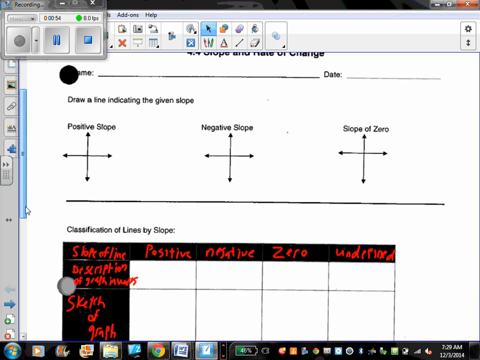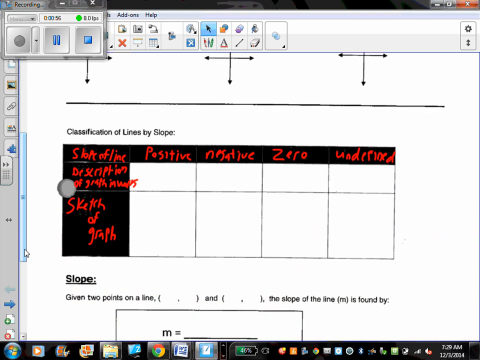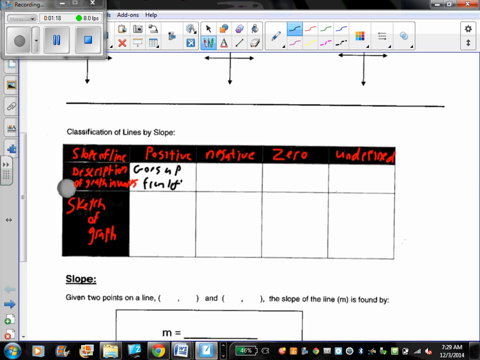Okay. So, how to classify lines by slope. Here we have the descriptions of the different slopes: positive, negative, 0, and undefined. In a positive slope situation, what we're going to notice is that the graph goes up from left to right.